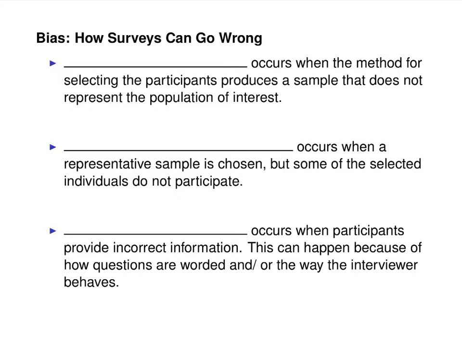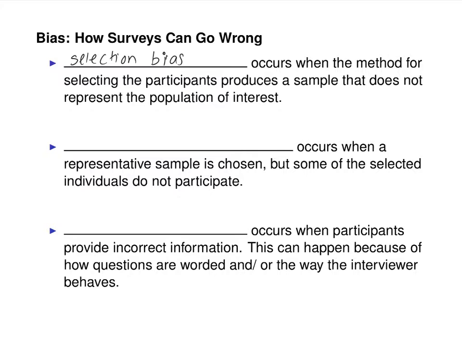Okay, so we'll talk about names for things when surveys go wrong. The first thing is a kind of bias that occurs when the method for picking people or participants produces a sample that does not represent the population of interest. This is called a selection bias. So it's when how you select people creates a problem.